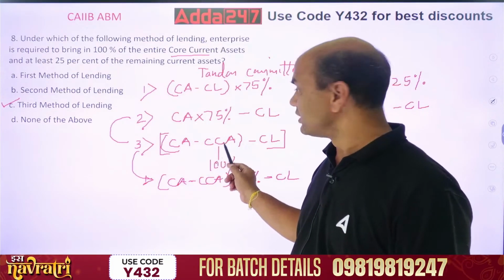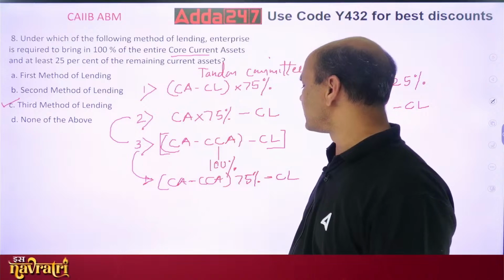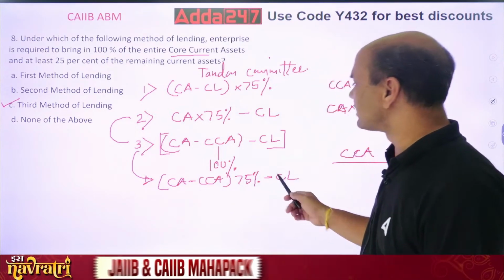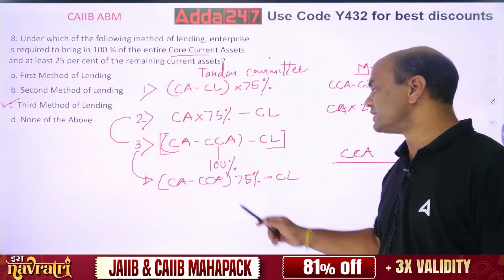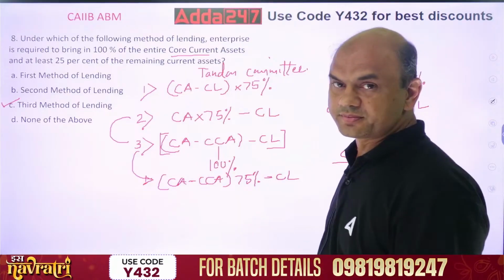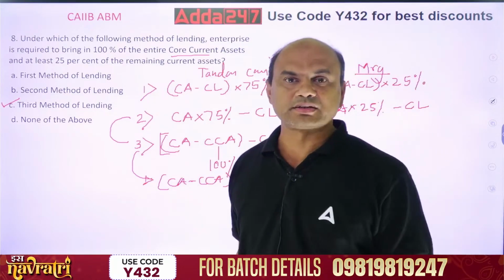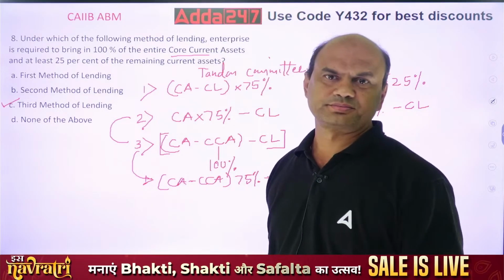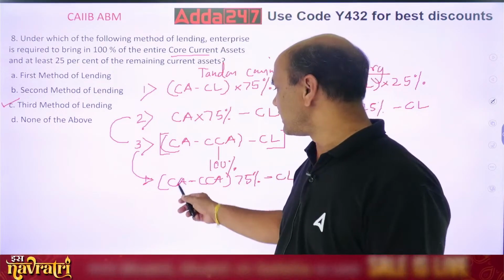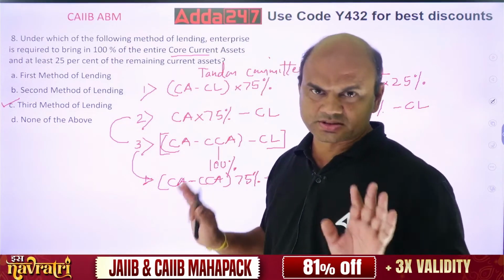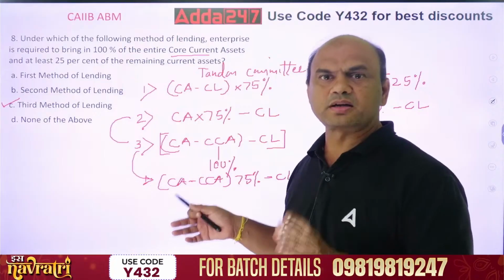Okay? Current assets minus core current assets into 75%, and then minus current liabilities. Now what is core current asset? Core current asset means basically you can call it cash. So current assets minus core current assets into 75%, simple, minus current liabilities.